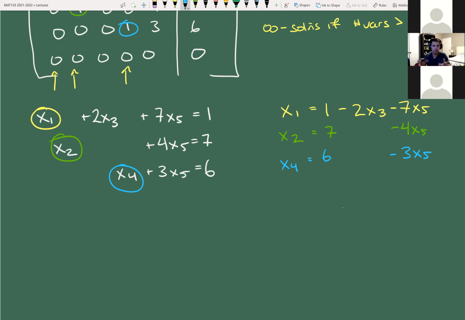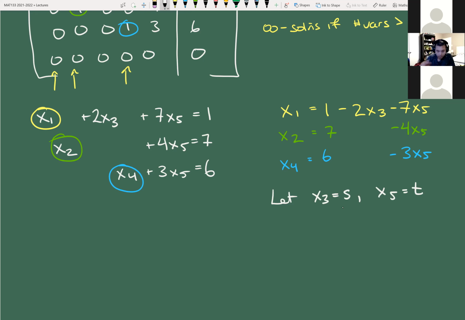So as Agam says, what we're going to do is we don't want to call them x3 and x5. This part might feel a little bit pedantic, but we just want to give them different names to separate them from the fact that x3 is a variable and s is a parameter. Okay, so what we usually do here is we say, let x3 be s and x5 be t like that.